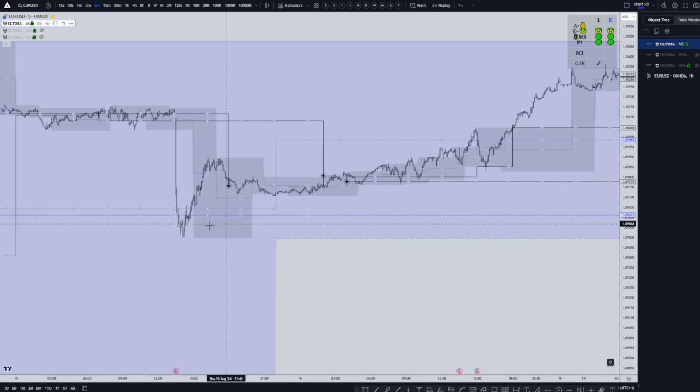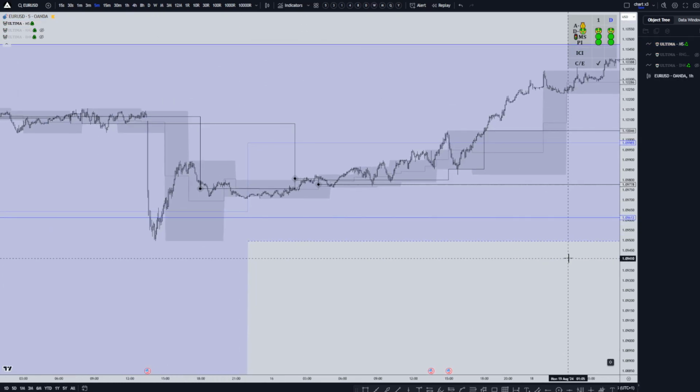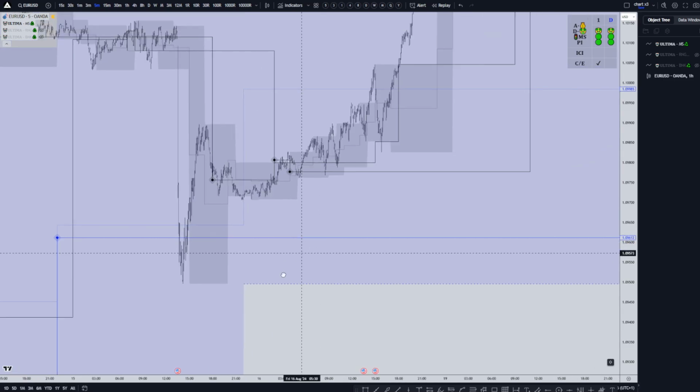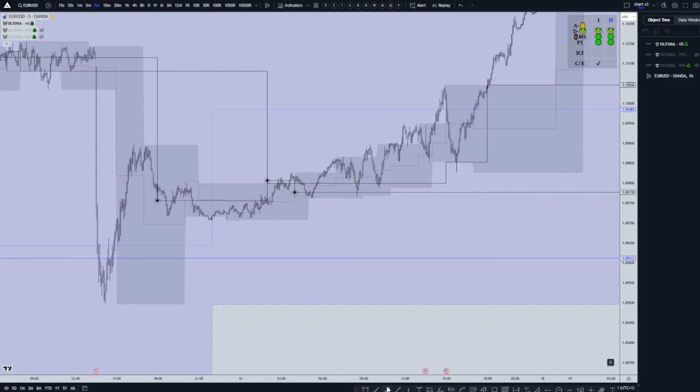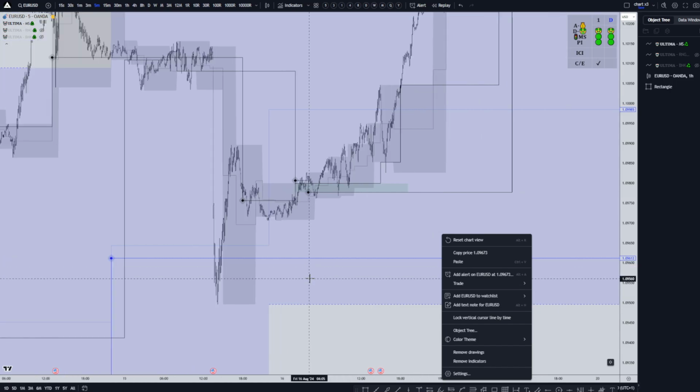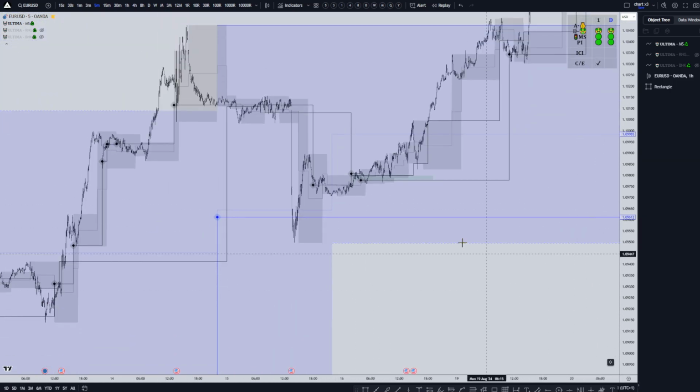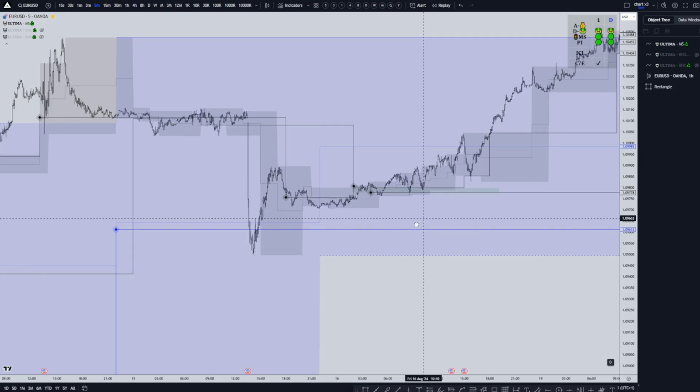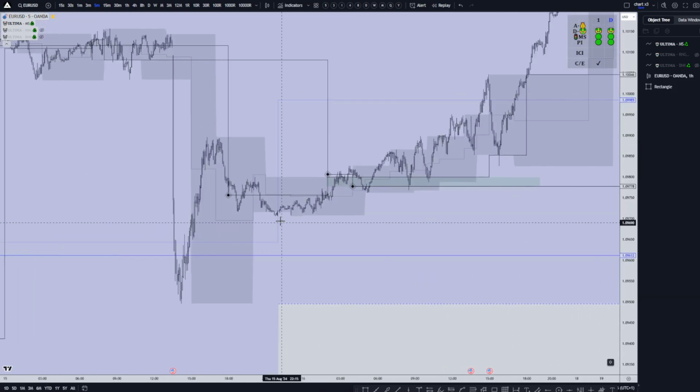Like the example here, on 30 minutes we can see a bullish break, right? So you have a 30-minute prime up to start the trend, or you have a failed market structure break, right?